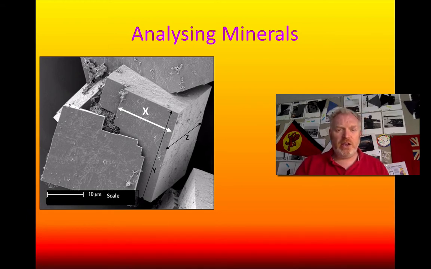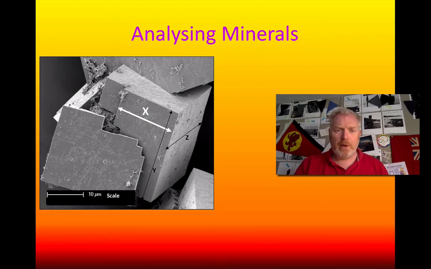Now, what I'd like you to do is work out the dimensions of that crystal that I've highlighted. Because of a printing error, one of the dimensions is missing off your booklet, dimension X, which I've highlighted there on the slide.